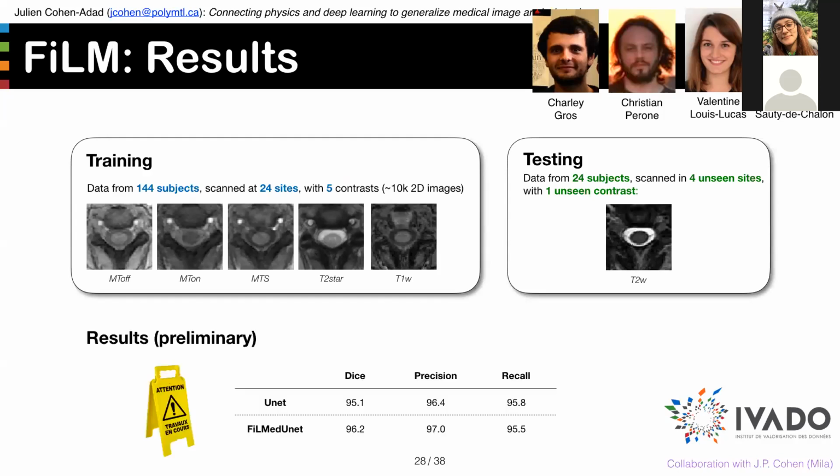And results when comparing U-Nets with the FiLM layer show a slight improvement for the FiLM approach. Although we have to be fair, we are quite hitting the limit in terms of inter-rater variability at such a high Dice regime. So we are not convinced that we see a specific improvement of the FiLM. So there is still some potential that we are currently working on.